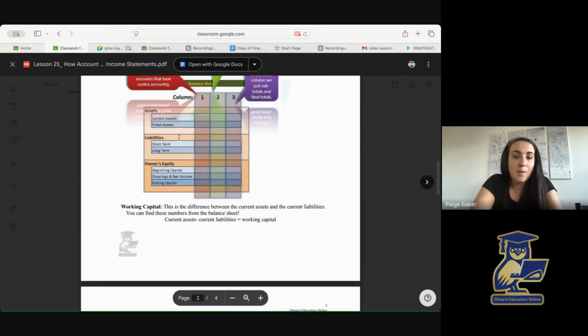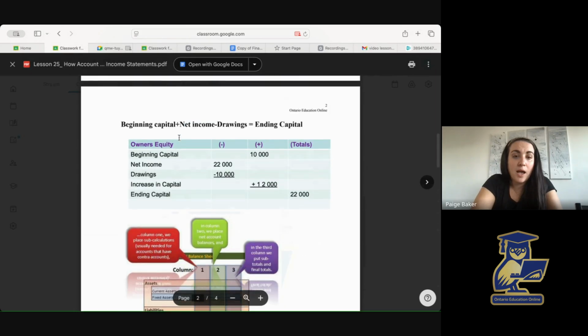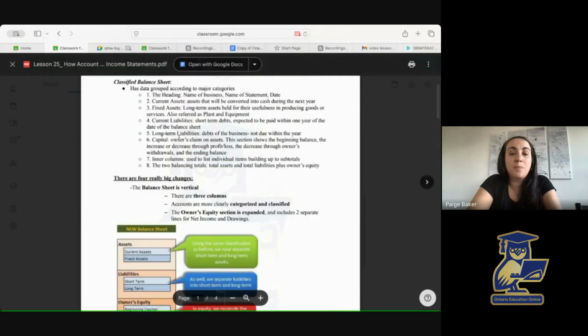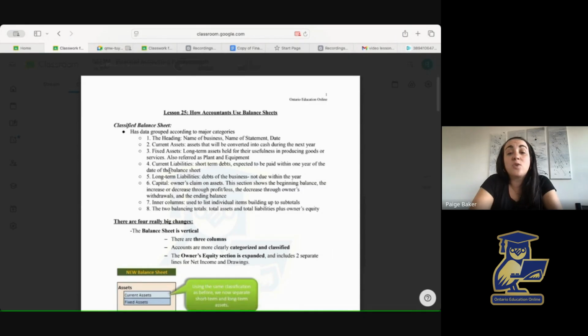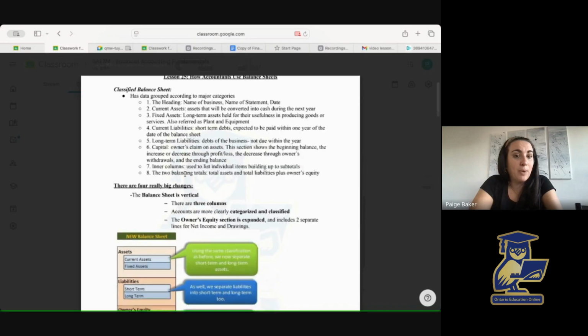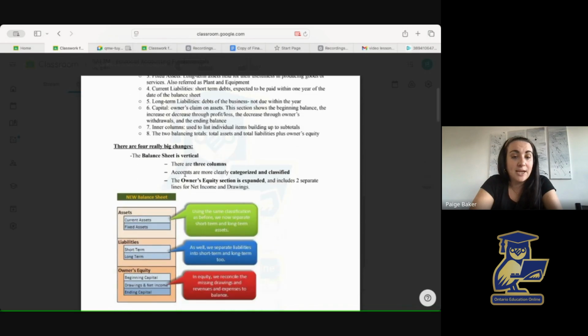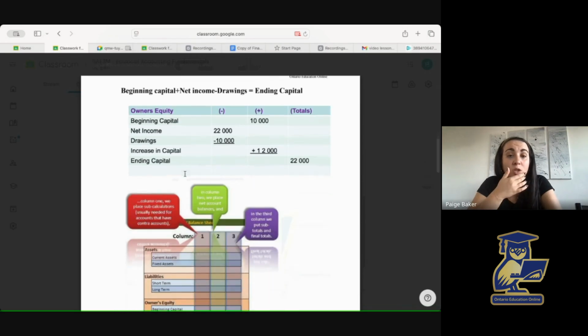And what I went through when I was discussing the different parts can also be found on page 1 here. So this has the differences between the classified balance sheet and the balance sheet that we have looked at in previous sections.